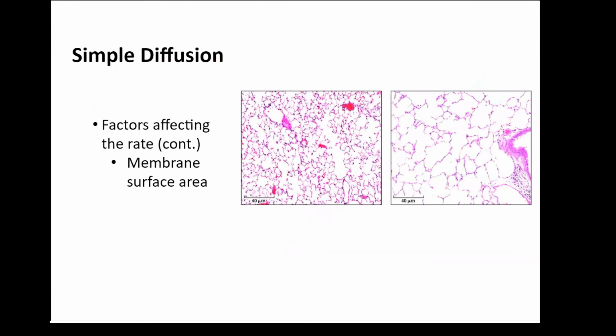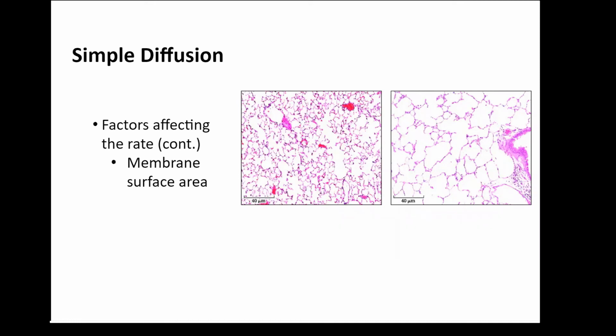This is a picture of some cell membranes. So this illustrates our membrane surface area. Different cells are going to have more membrane surface area. So those little pink lines are some membranes. And in particular, when we look at lungs or capillaries, we're going to really be specialized for allowing diffusion to occur across those membranes.